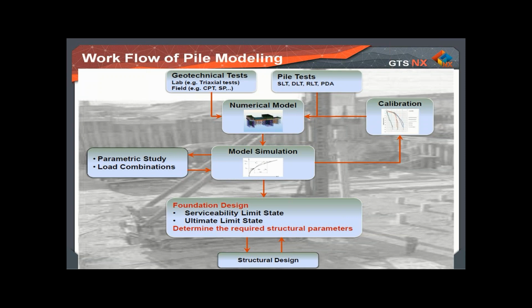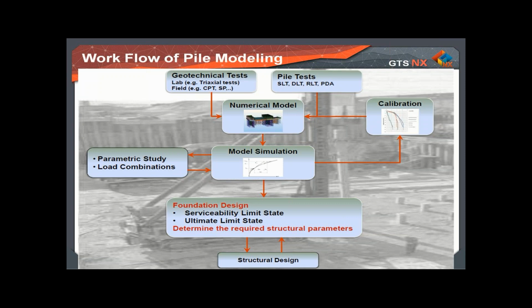You run your simulation and you will get results in terms of deformation, stresses and strains, and forces in the piles, and you can also refer to a parametric study: variation of the layout of the piles, the diameters and lengths and properties, and also different load combinations, such as structural load, wind load, earthquake load, and combinations of these.